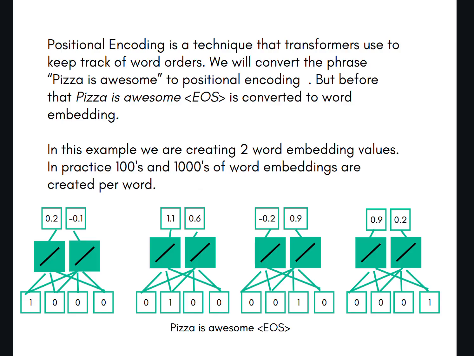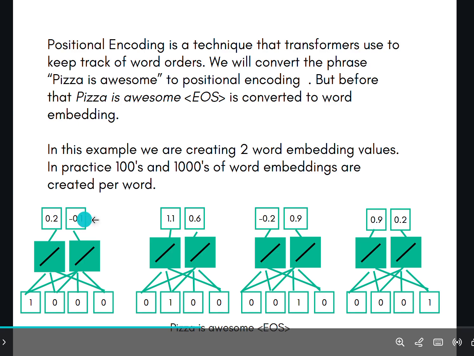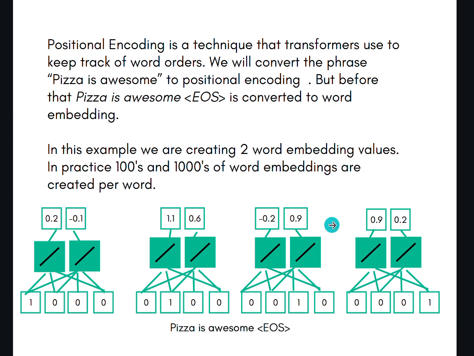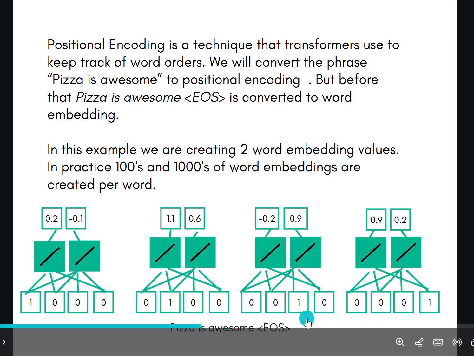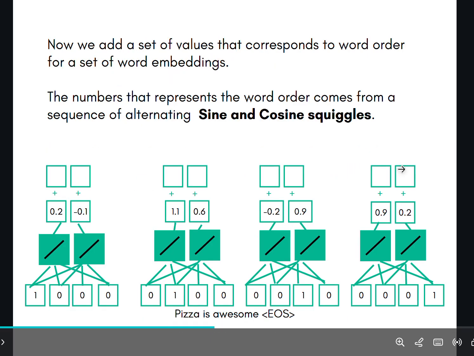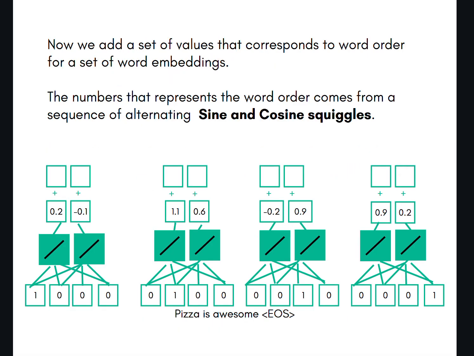Okay, so "pizza is awesome", and these are the word embedding values for each of the tokens, and that's the positional value. So let's discuss the positional encoding values. Now we add a set of values that corresponds to word order to the set of word embeddings. The numbers that represent the word order come from a sequence of alternating sine and cosine squiggles.